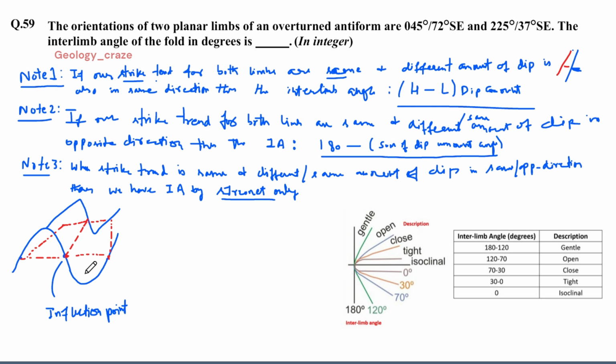This plane is horizontal, or tilted one also, no problem. Because I have made a symmetrical fold, that's why it is horizontal. This plane is an inflection plane and this line is an inflection line, or we call it a median line also.